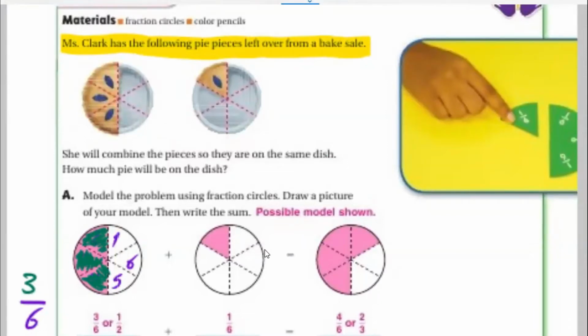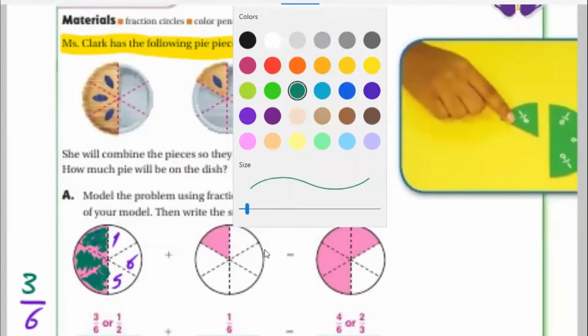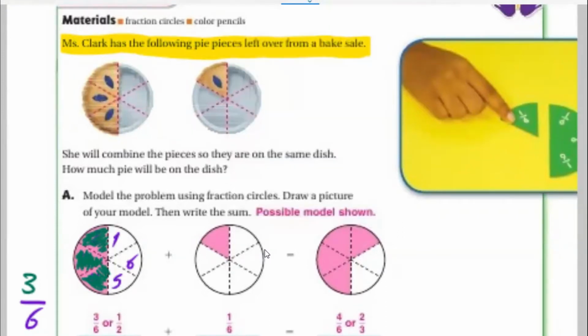In this case, we're going to divide by 3. So let's divide by 3 up and down, as we learned before. 3 divided by 3, any number divided by itself equals 1, right? And 6 divided by 3 equals 2, as you see here. So we can write it as 3 over 6 or 1 over 2.